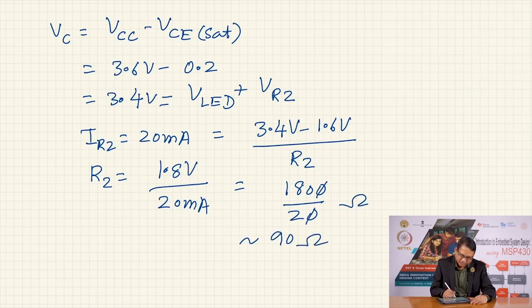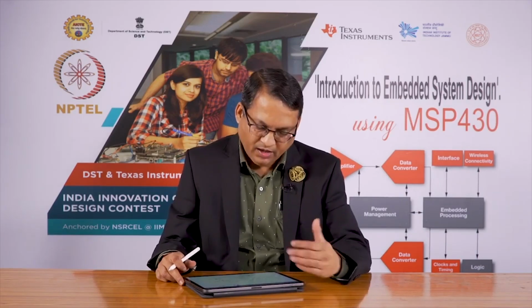Therefore, we can use a standard 91 ohm resistor for R2, and using the high side switch control we can allow more current through the LED than is possible with a single pin of the microcontroller. And the same equations can be applied if you want even more current than 20 milliamperes.